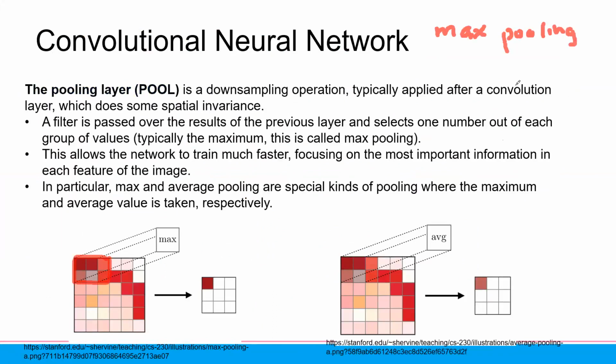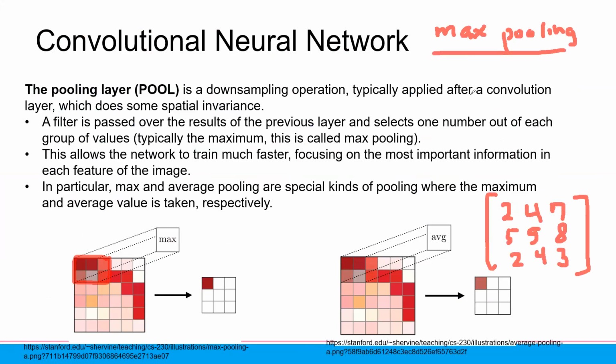Let's say I have a 3 multiplied by 3 matrix: 2, 4, 7, 5, 9, 8, 2, 4, 3. I have this matrix and I want to use max pooling.